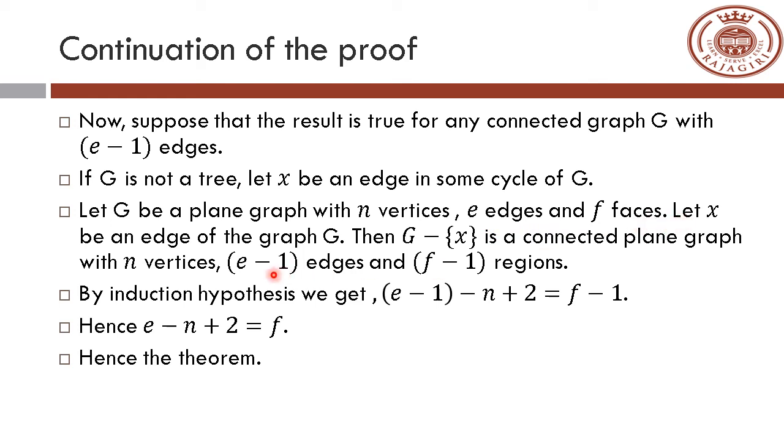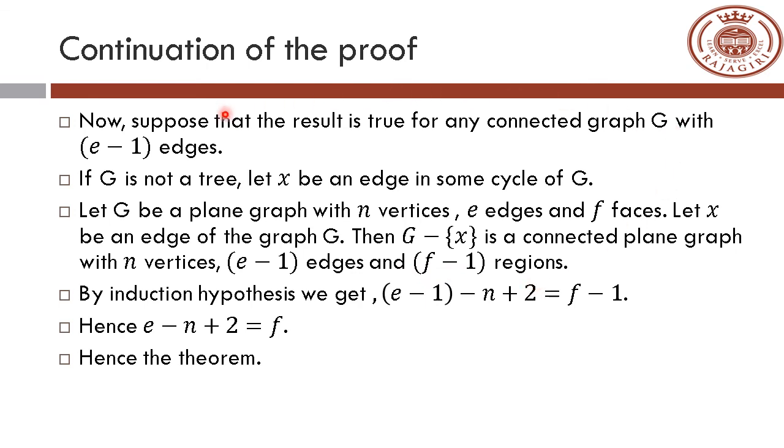Let X be an edge of the graph G. Then G - X is a connected plane graph with n vertices, e - 1 edges and f - 1 faces. Since we are removing one edge from the graph with e edges, you will have now e - 1 edges, and one region will be removed since X is an edge belonging to a cycle. Now in this graph you will have n vertices, e - 1 edges and f - 1 regions.